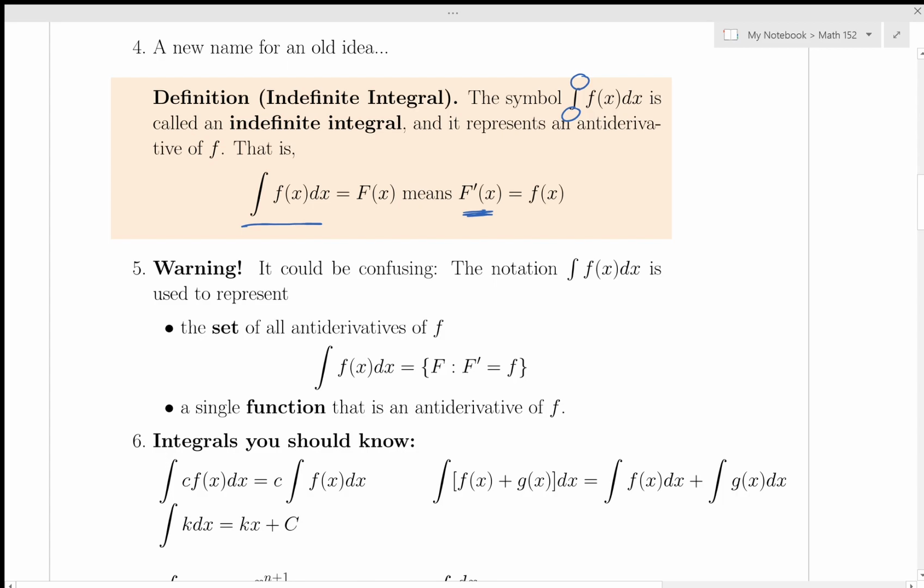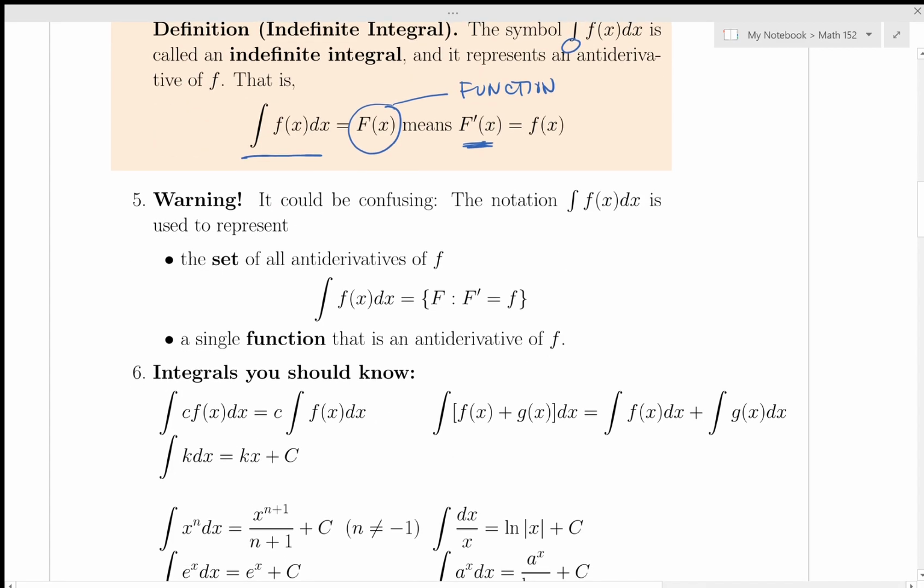One thing to be absolutely clear about is this right here is a function. It's not a number. When we had the definite integral and we did the integration, we always got a number. Now we're doing the indefinite integral and we always get a function. So we have to be really careful about that distinction. One of them gives a number and the other one gives a function.